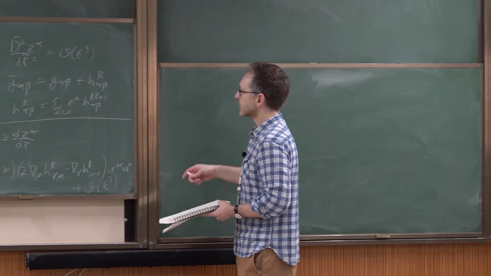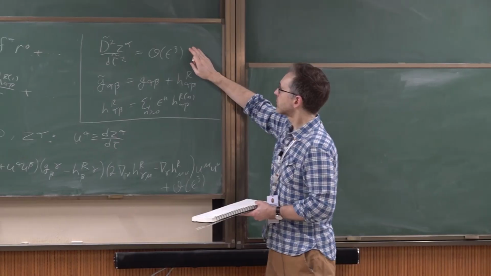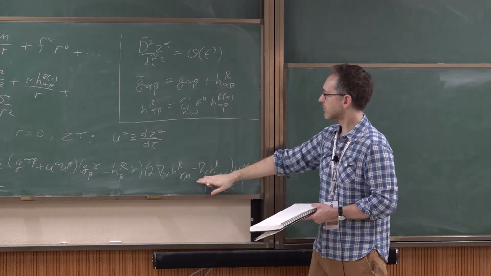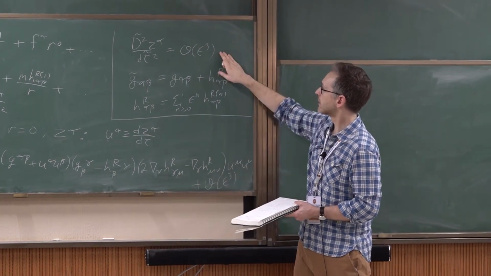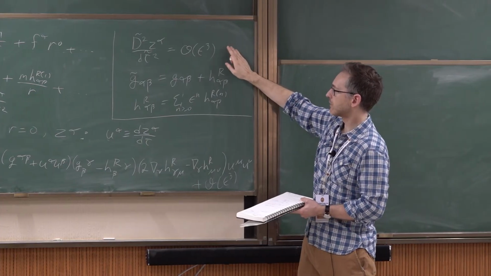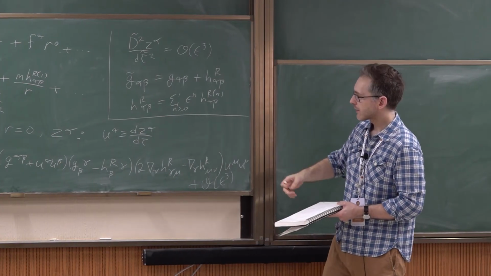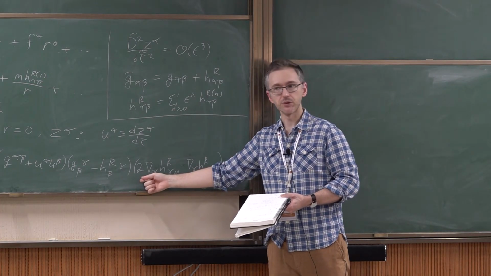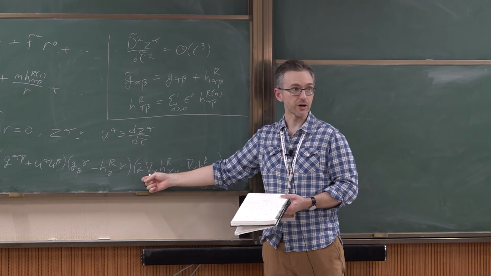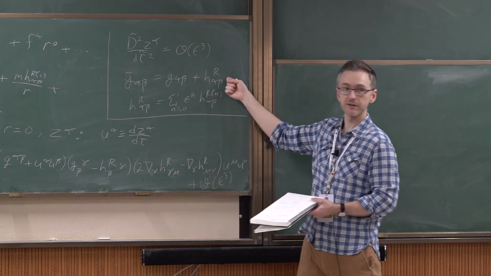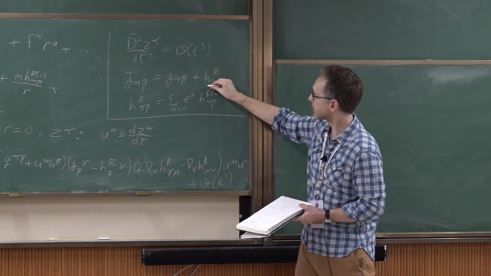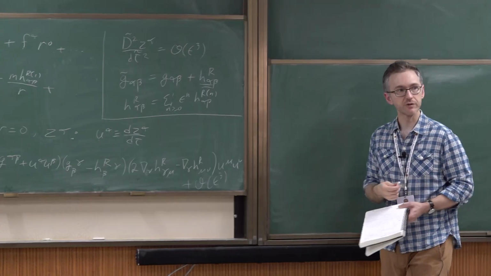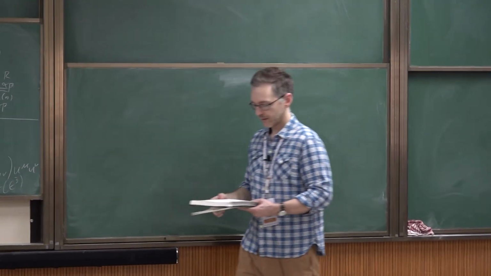Once you've shown that you can rearrange this into this form, you can use this to derive lots of nice things, but in practice, this is the one you're going to work with, because we're trying to solve field equations in the background, not in some effective metric, because you don't actually know what this is until you solve the field equations.